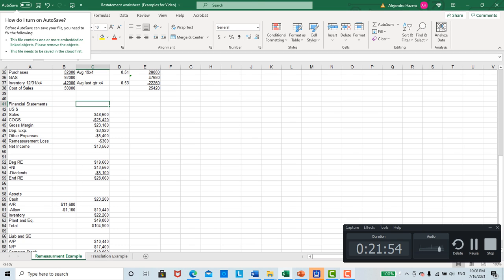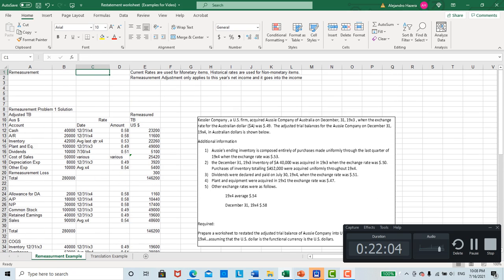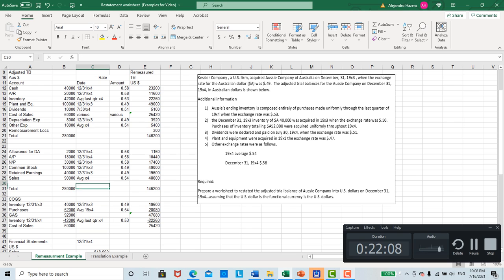This is as of 12/31/4. Okay, so everything looks okay here. I'm just going to quickly compare this sheet. First of all, two points. Number one is right here. Over here, you valued plant and equipment at 49,000.